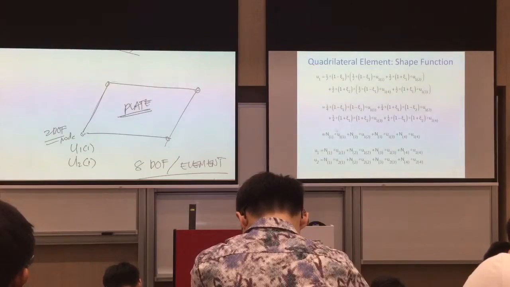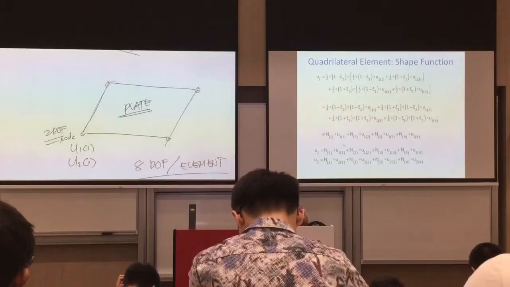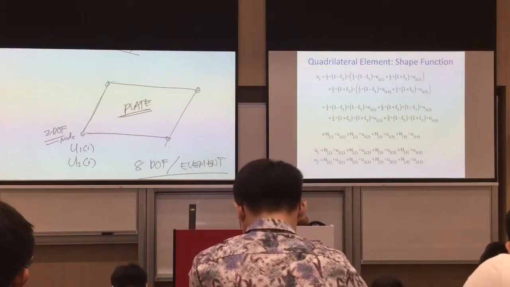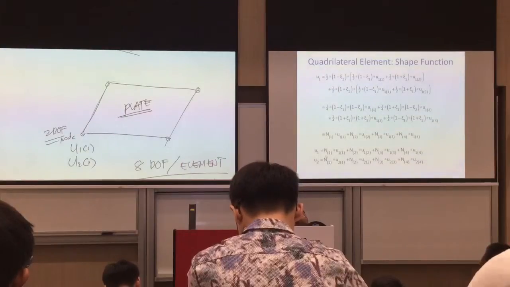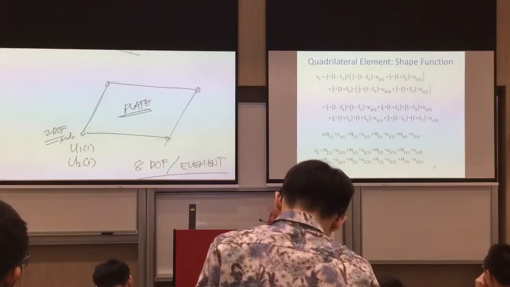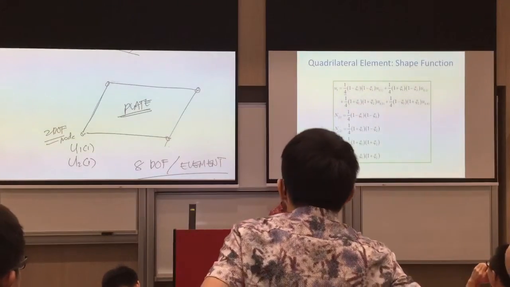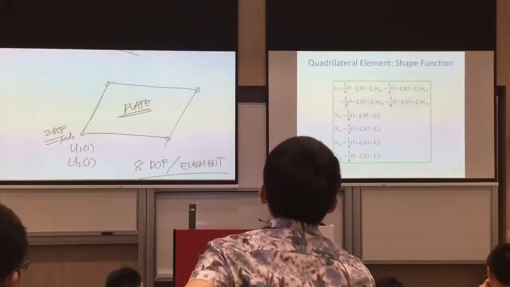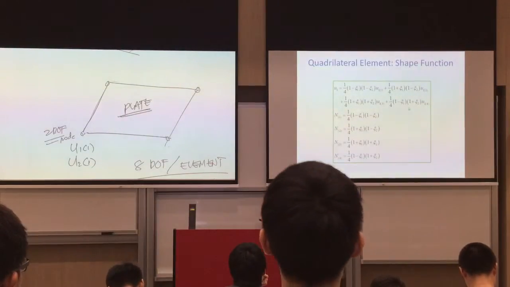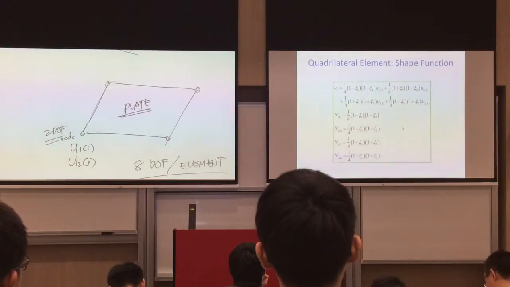So these ones will be your shape functions, n1, n2, n3, and n4. And each related to these different displacements. So you can simply write them as u1, u2, in very standard form. So here, you will have now this one here, and then n1, n2, n3, n4, shape function.